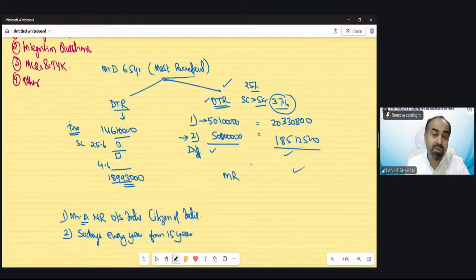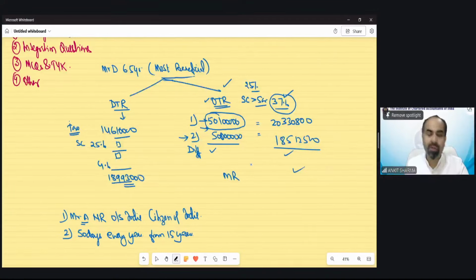Till 5 crore, the surcharge rate is 25%. After that, it has changed to 37%. So only when income is just slightly above, by 2 or 3 lakh rupees, from that limit, the marginal relief concept would be applicable. Suppose in this question I had written that the income is not 5 crore 1 lakh, suppose it's 5 crore 10 lakh rupees.